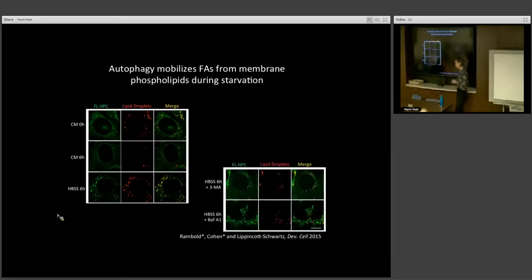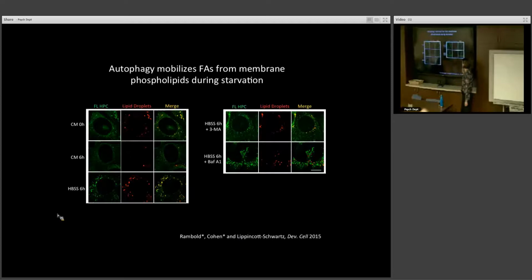And this depends on autophagy, because if we inhibit autophagy either by using 3-MA, which inhibits the upstream step of autophagy, or using bafilomycin A1, which inhibits autophagosome-lysosome fusion, we no longer see this fatty acid trafficking to lipid droplets. Here it's staying in the membranes because there's no autophagy at all.